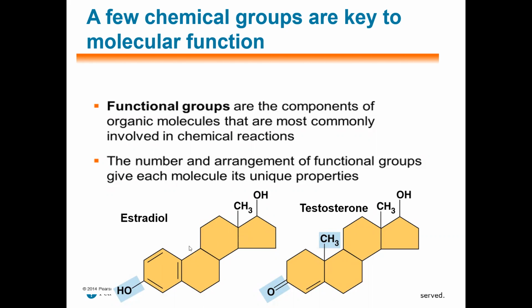These two hormones, found in humans and other vertebrates, are both steroid organic molecules with a common carbon skeleton in the form of four fused rings. They differ only in the chemical groups attached to the rings. We call those functional groups. So functional groups are the components of organic molecules that are most commonly involved in chemical reactions.